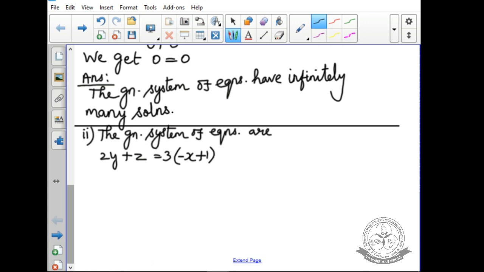This is the first equation. Second one, minus x plus 3y minus z equal to minus 4. Second equation.